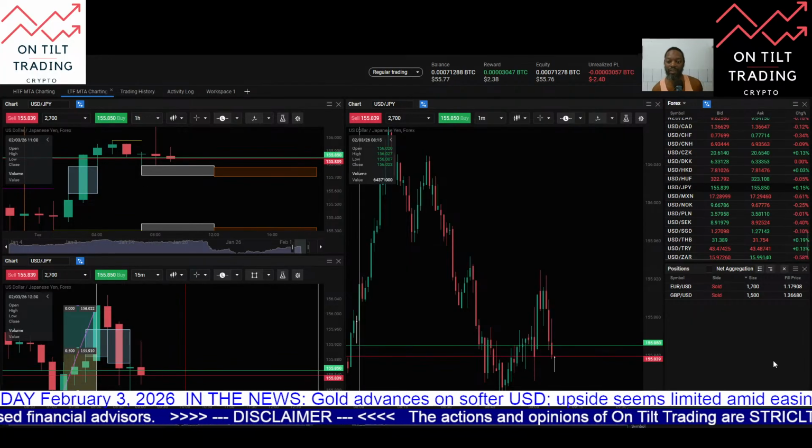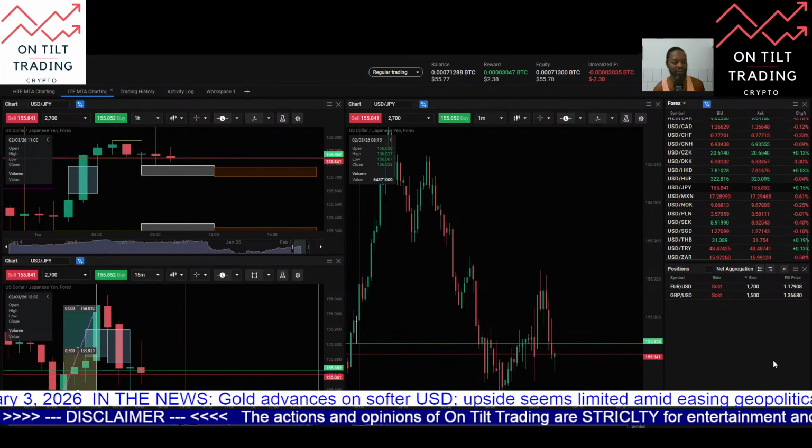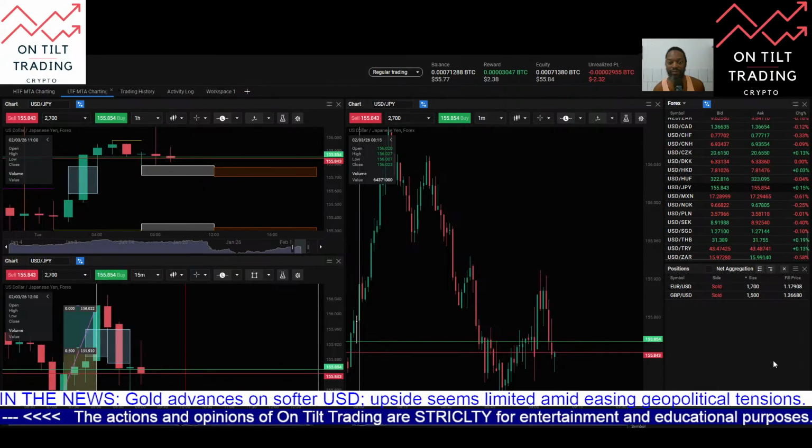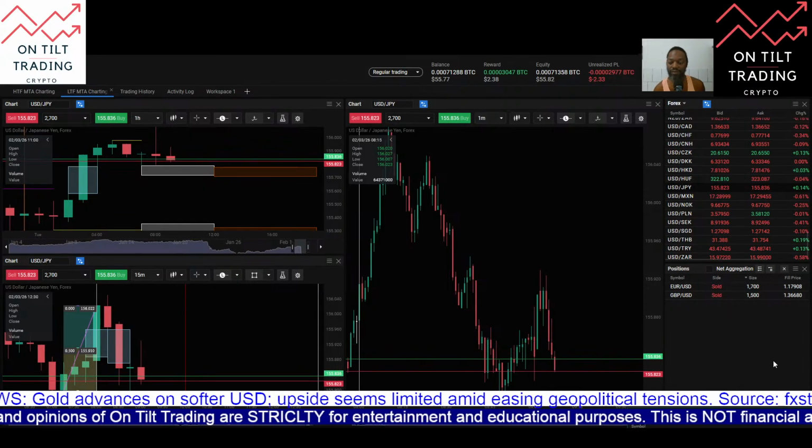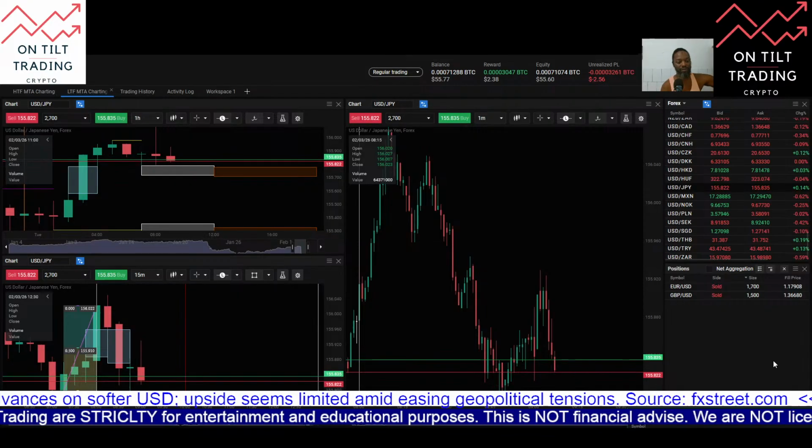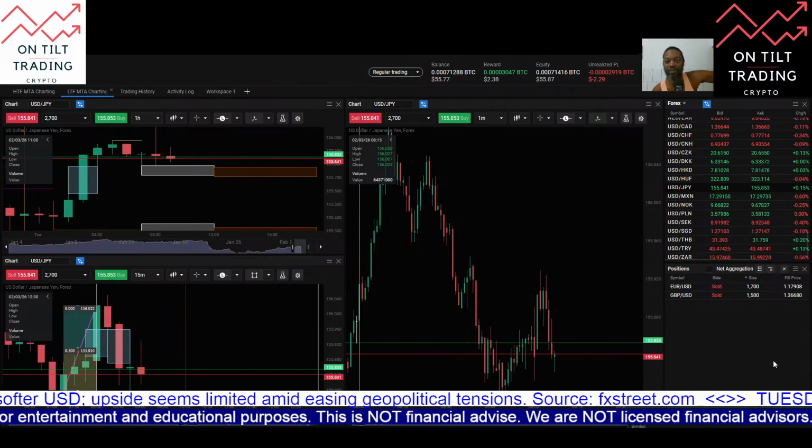And it appears that the other Forex pairs have now started to turn around as well. So lots of consolidation here in today's New York AM kill zone.